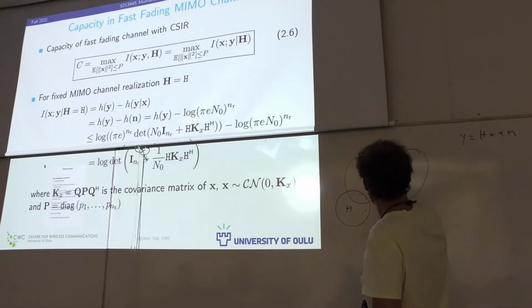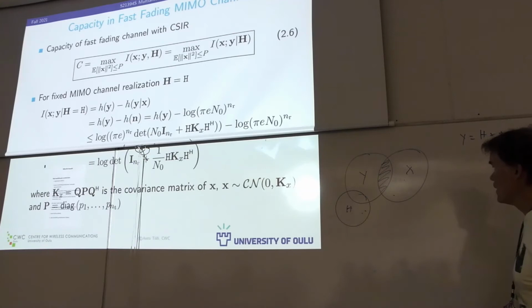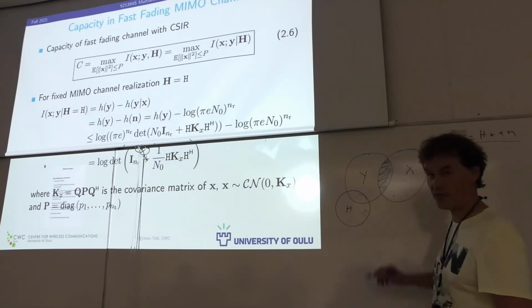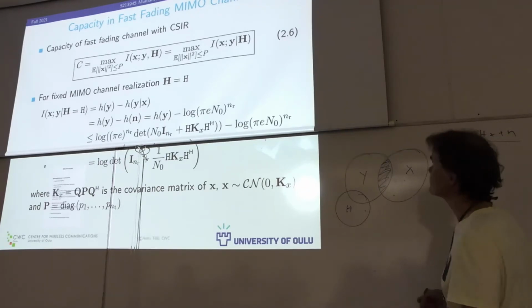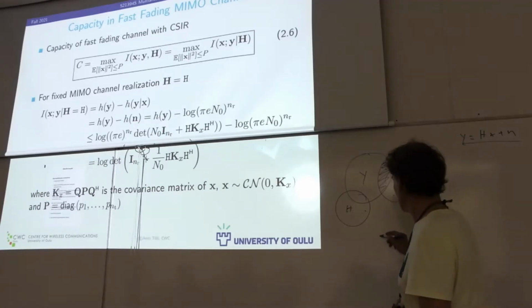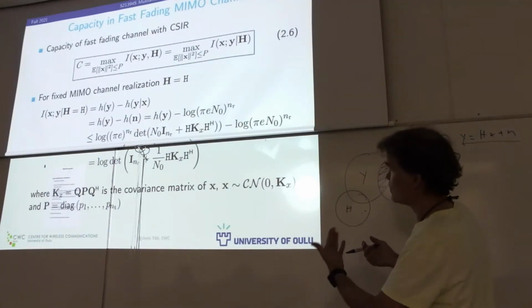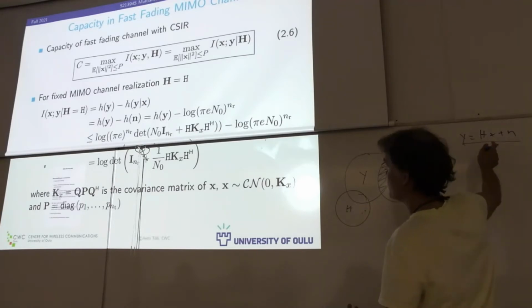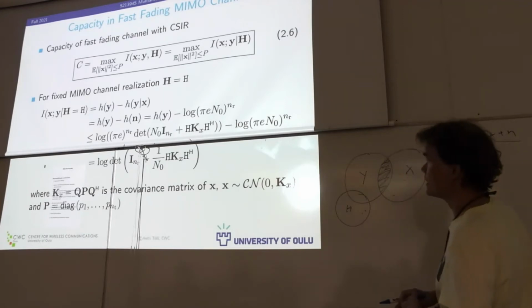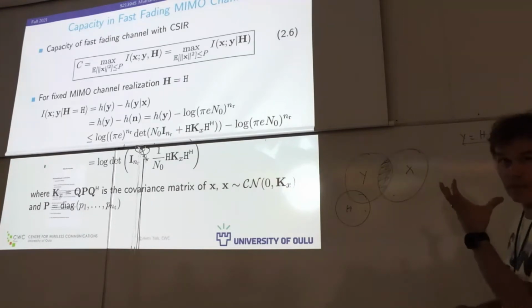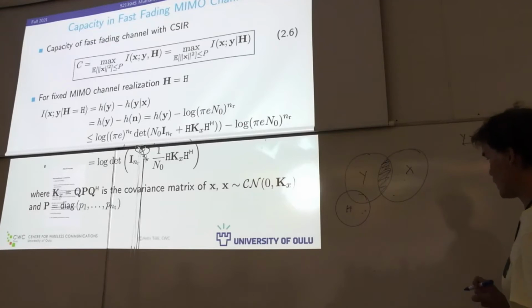In general, when we want to evaluate the capacity of such a setup, input X, output Y, we should look at the mutual information between the input and output. Maximizing the mutual information with respect to the input and power constraint, assuming Gaussian signaling, can be shown to be the capacity achieving strategy.